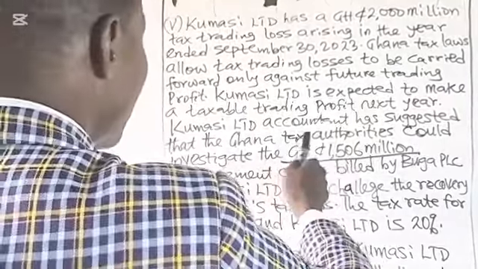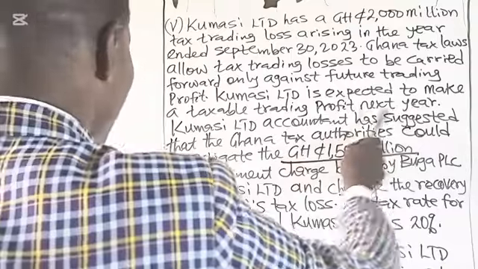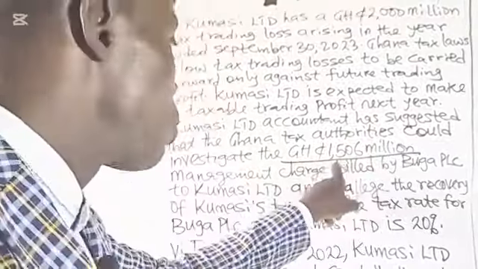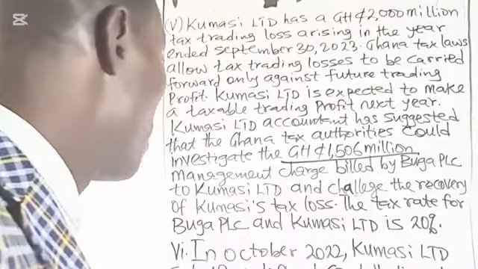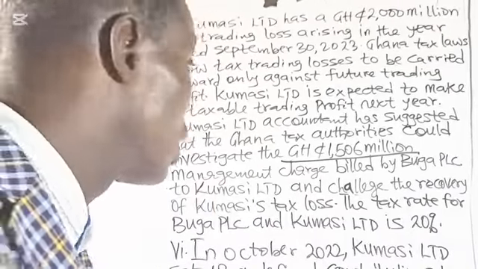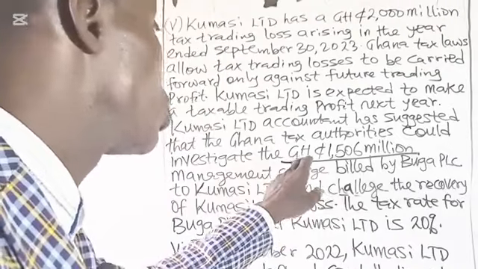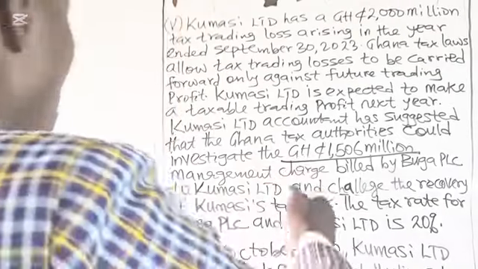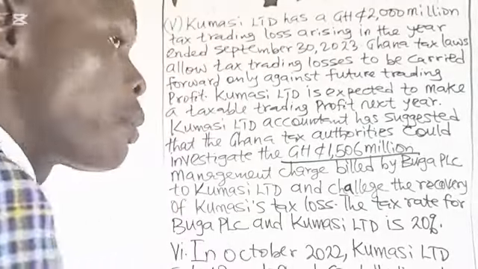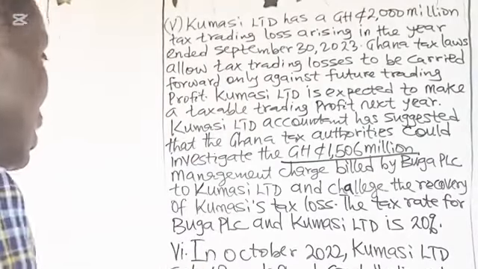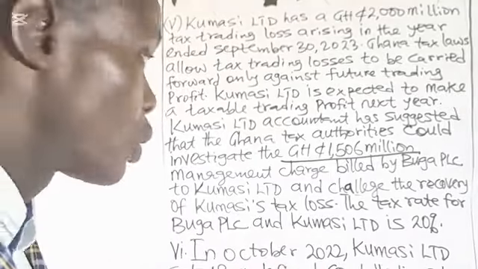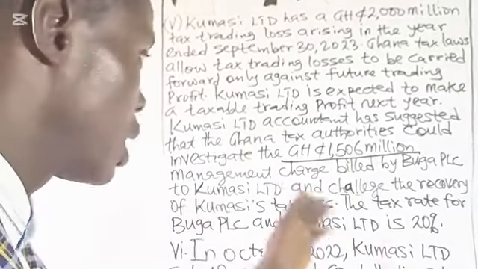You were told that Kumasi Limited's accountant has suggested that the Ghana Tax Authority could investigate the 1,506 million management charge. It will be investigated because the tax authority is not sure that this intercompany management charge is a fair proportion of the amount of expenses that are wholly, reasonably, exclusively and necessarily incurred by the business.